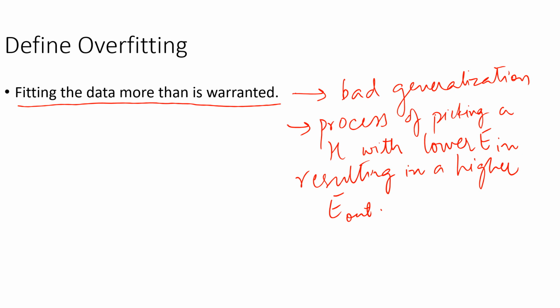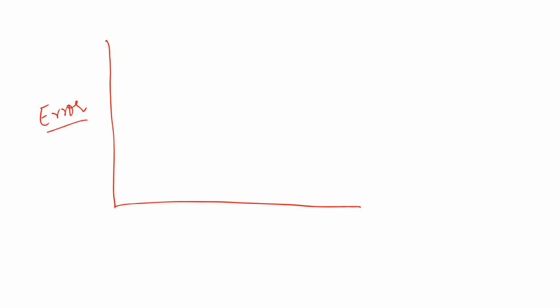Okay, so let's look at this quick example to understand what is this process of picking a hypothesis with the lower E in, and why is it resulting in a higher and higher E out. So if I plot this relationship, let's say this is my overall error, and this is my VC dimension.